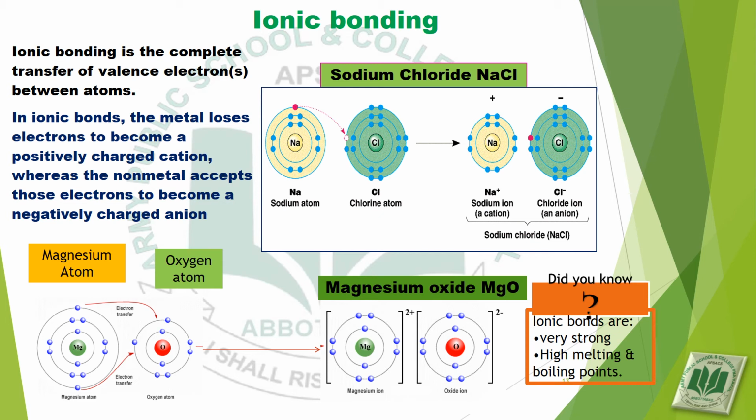These two atoms form an ionic bond and produce the magnesium oxide compound.